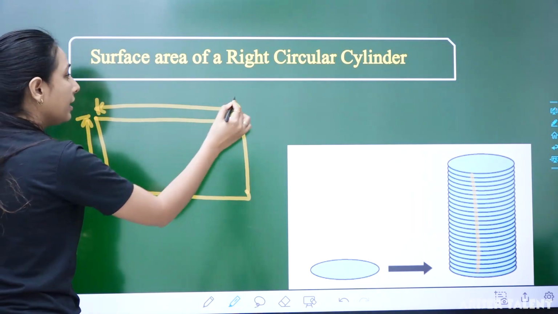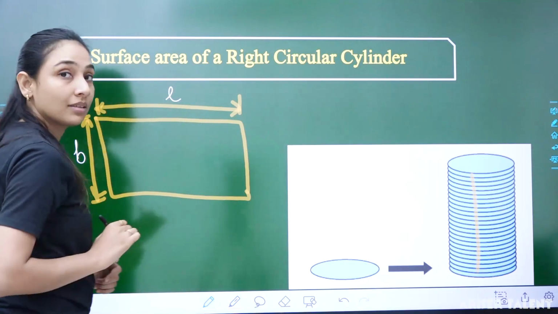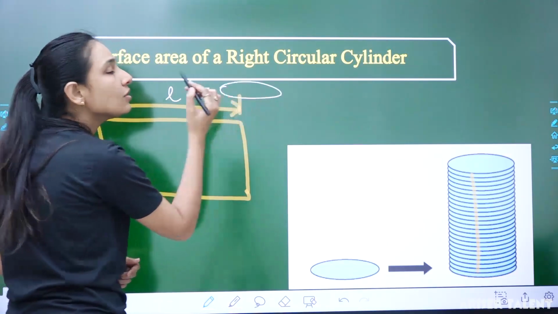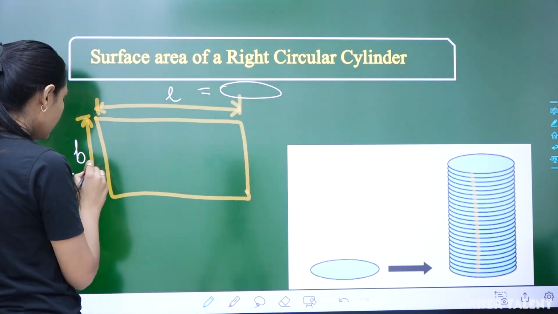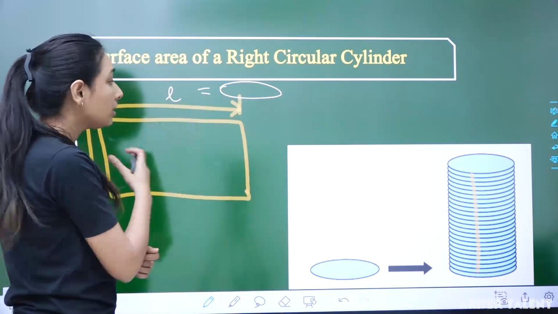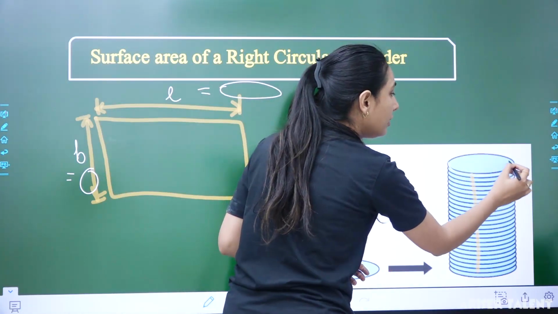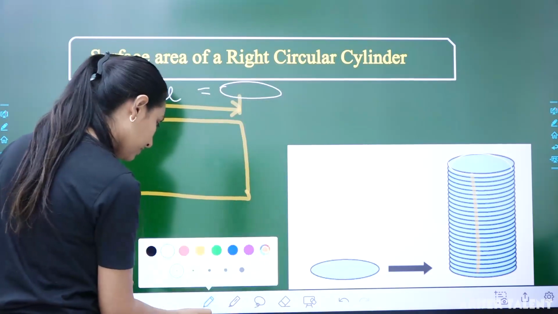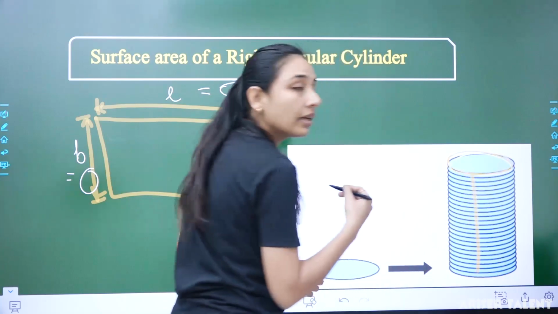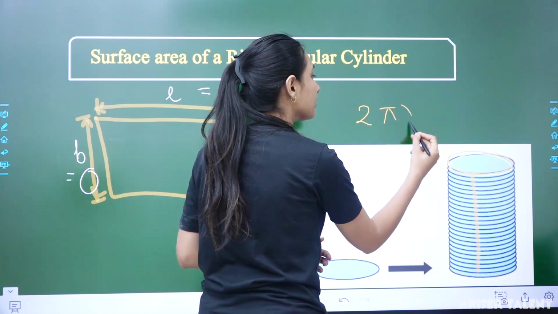If I multiply this length, which equals something I'll let you know, and this width, which also equals something, then we'll get the surface area of this curved surface. Now this is a circle, so this is the periphery. The circumference of a circle is what? 2 pi r. Is it so?